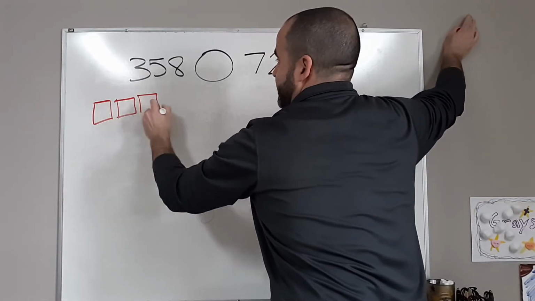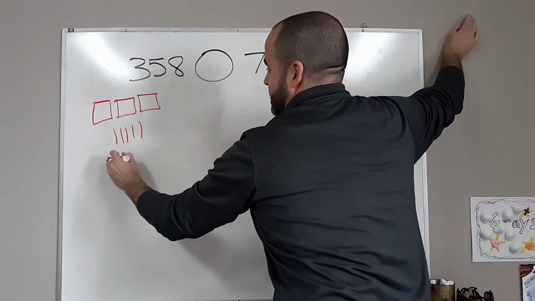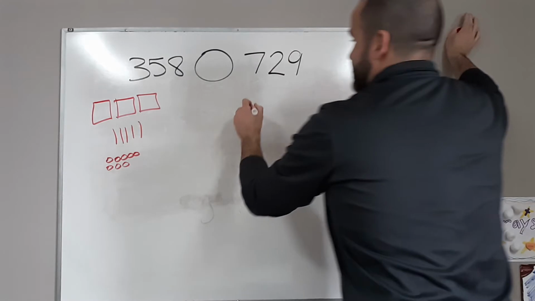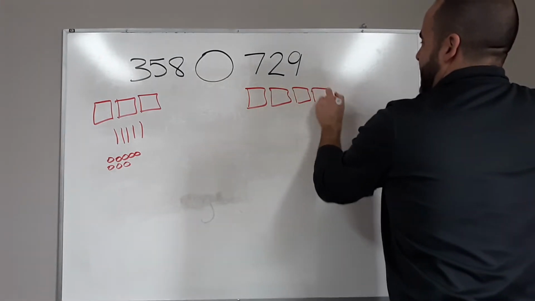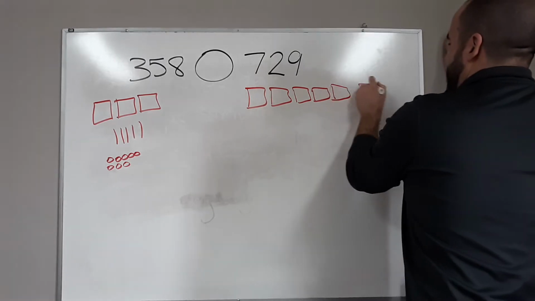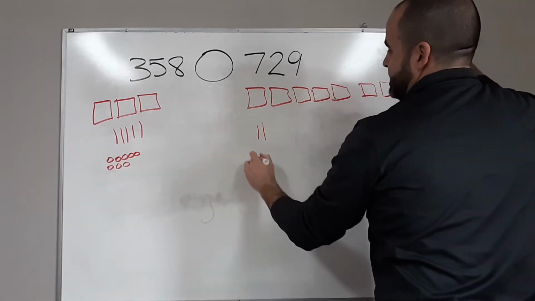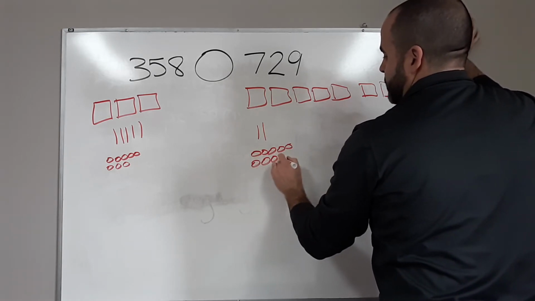hundreds and tens and ones, just like this. And there's two tens, and then there's 9 ones, right?